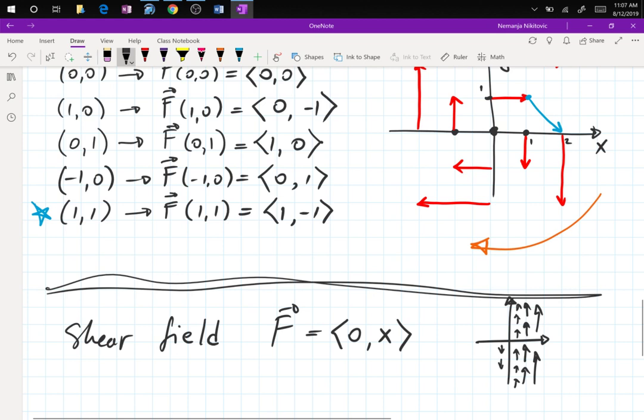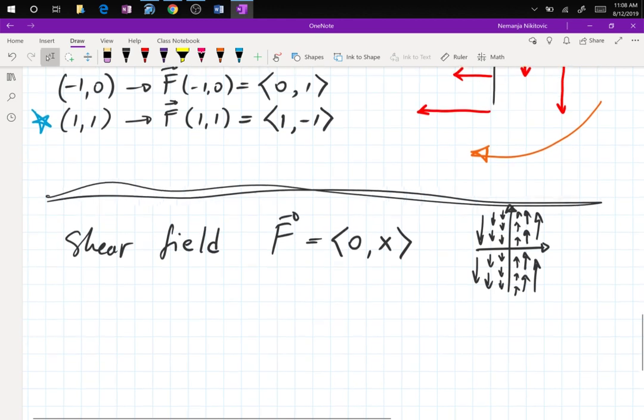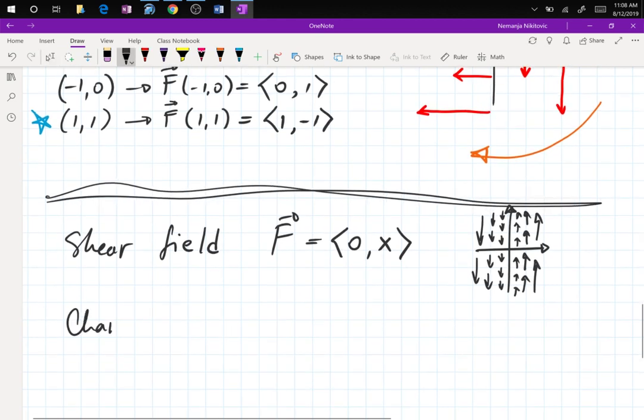On the other side, you have the small ones going like so, and then a little bit longer. And you can obviously play with points. So that's the shear field. And then the nice one is the channel flow.